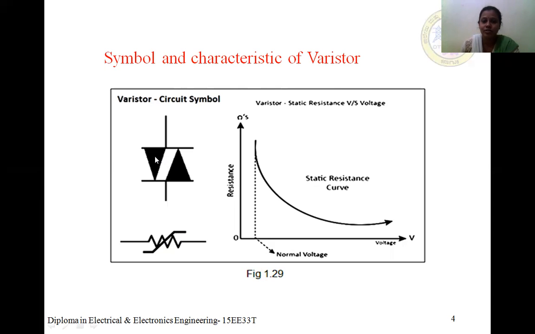This is also a symbol where two diodes are connected back to back. From this characteristic, you can see that the resistance drops when the voltage is applied. This is the static resistance curve, resistance versus voltage. The resistance drops when the voltage is applied.